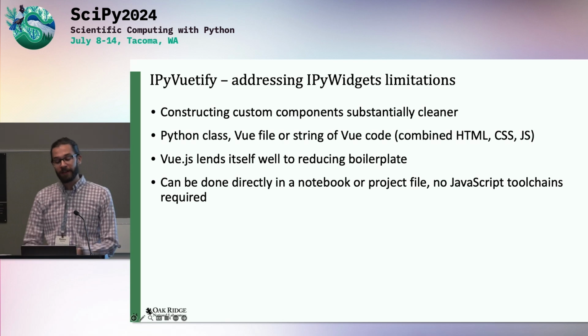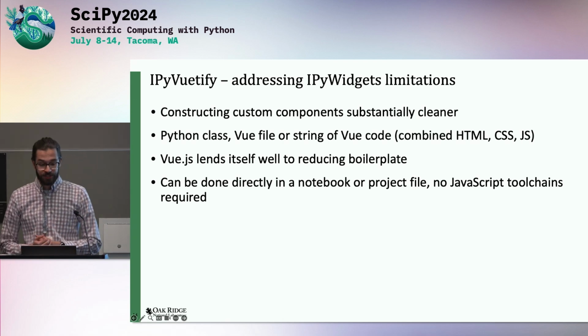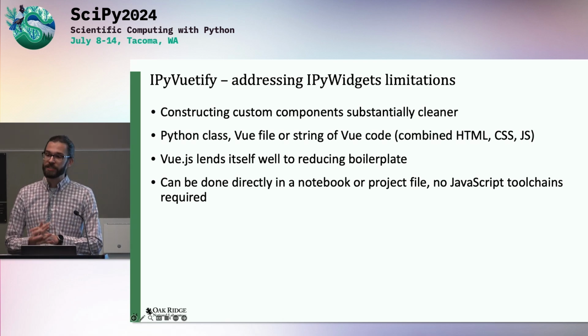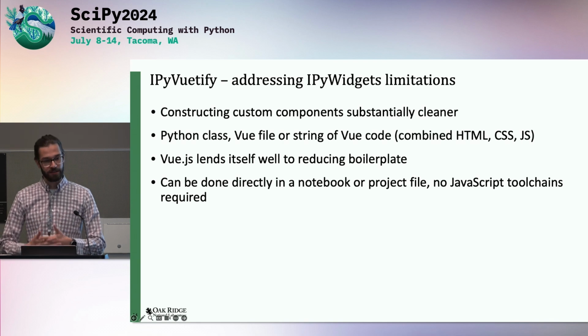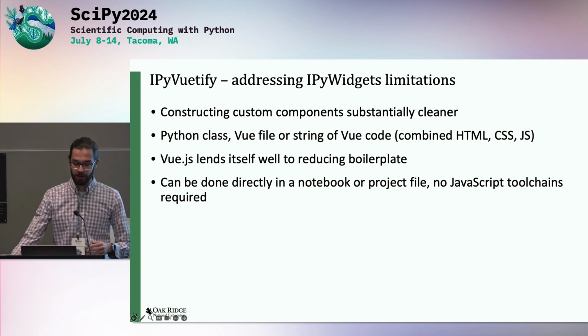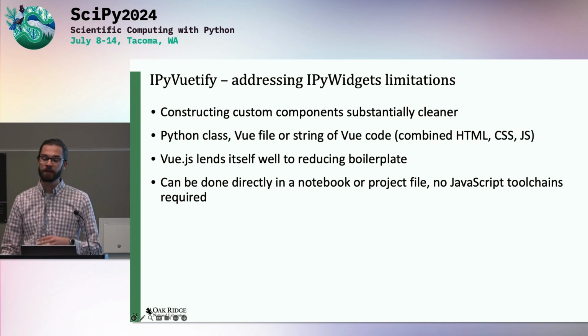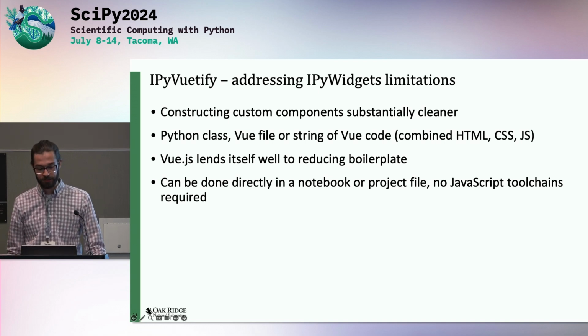So finally, similar to Anywidget, IPyVuetify makes it much easier to build custom components, makes it substantially cleaner. Essentially, all that is required is a Python class where you define the variables that you want synchronized between the front end and the back end, and then either a Vue file or a string of Vue code, which again is that combined HTML, the CSS, and JavaScript.